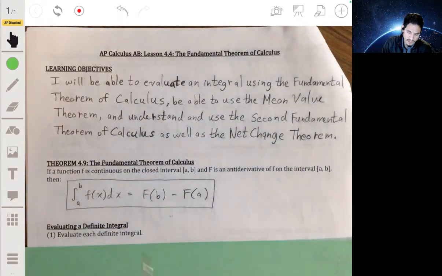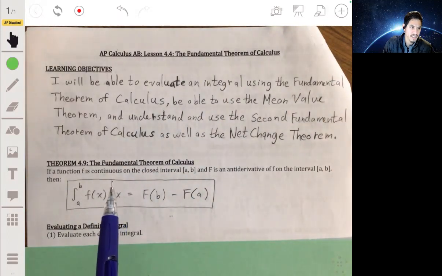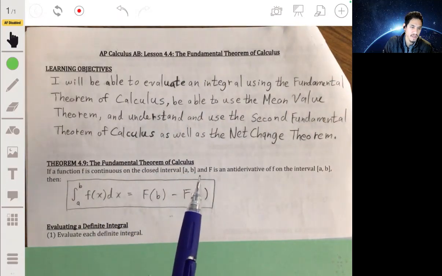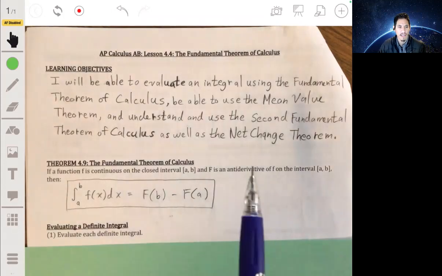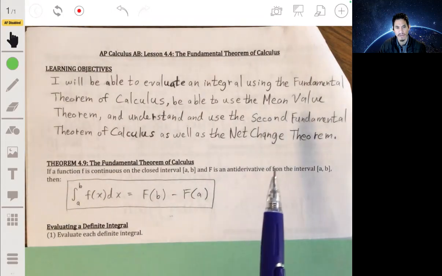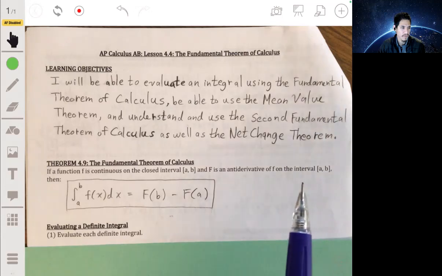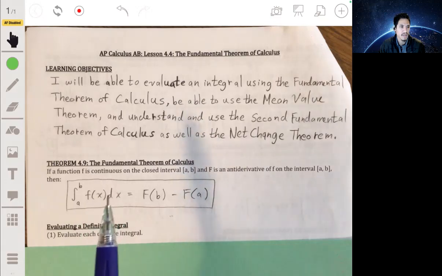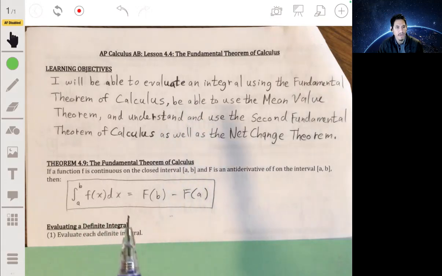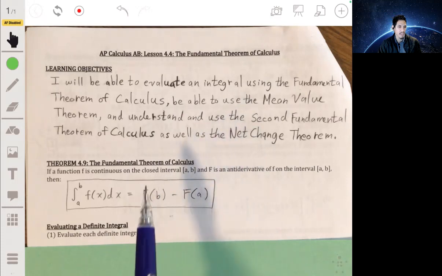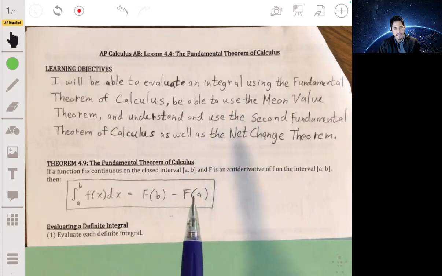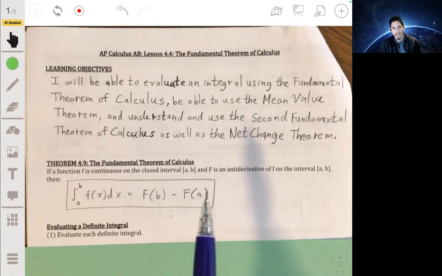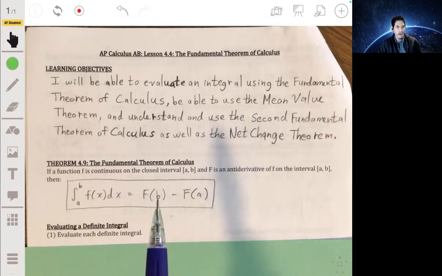What it says is that if you have a function that's continuous on a closed interval [a, b], and you have that large F is an antiderivative of small f on the interval, then you can simply find the integral of small f of x from a to b by evaluating large F of b minus large F of a. So it's just a difference of large F of b minus large F of a.